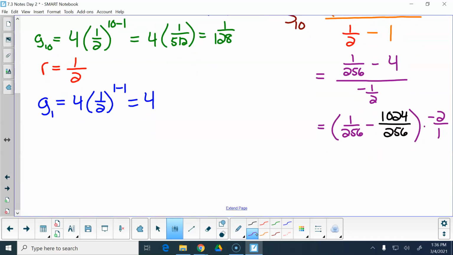That's negative 1023 over 256 times negative 2 over 1.